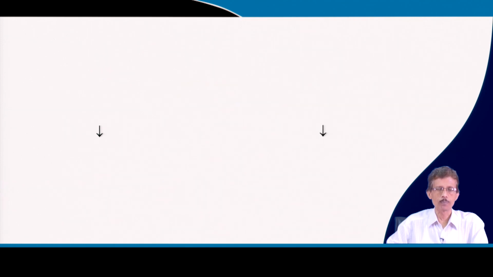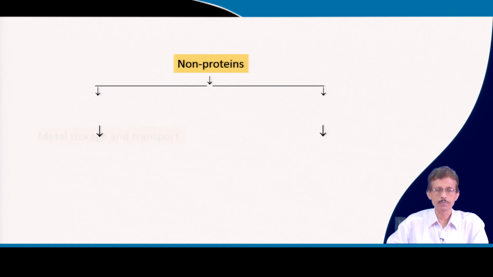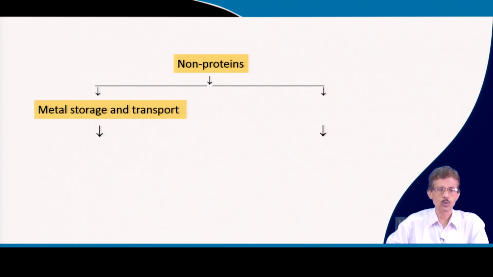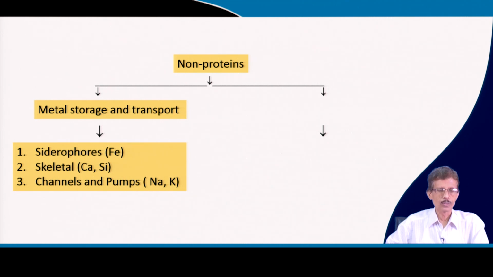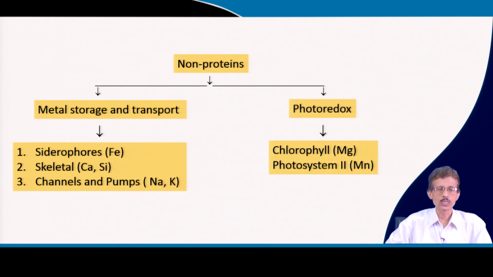So, what about the other part? The other part means your non-protein part, and that gives us the metal storage and transport molecules. They are siderophores, skeletal calcium and silicon containing molecules, that means our bones and teeth, and the channels and pumps, what I told you, that the sodium ions and potassium ions are there in the ion channels and ion pumps in the fluids, and the photoredox, which is the non-protein part.